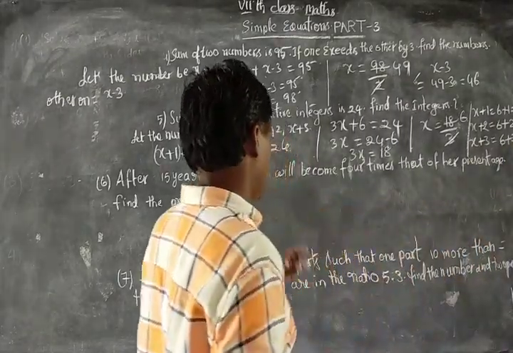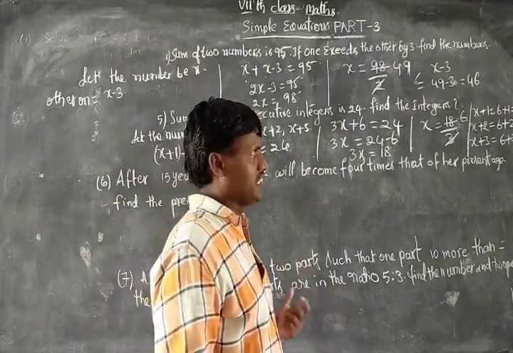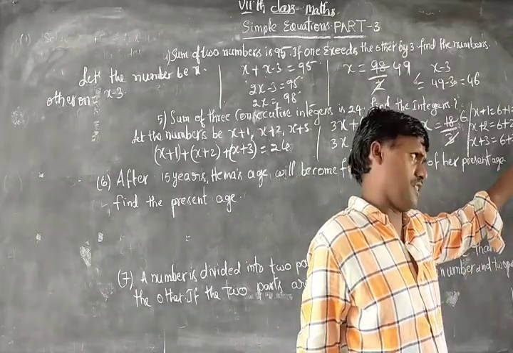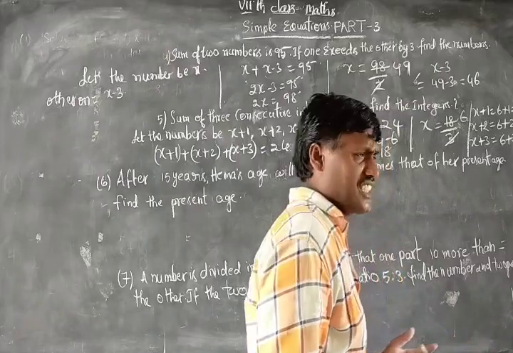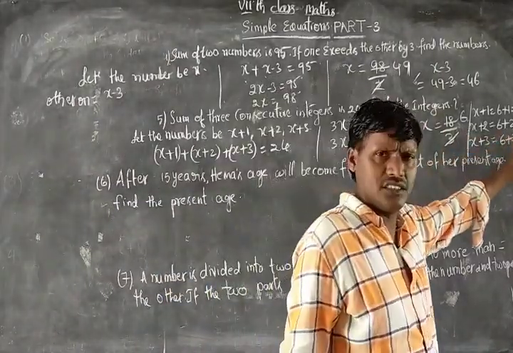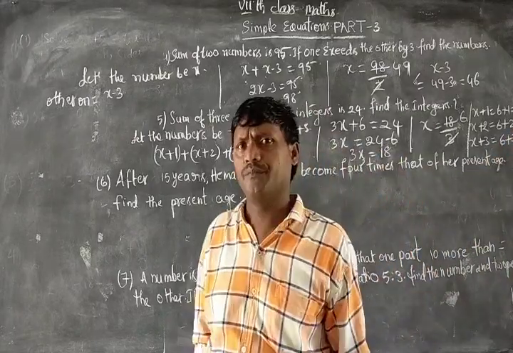We were told the sum of 3 consecutive numbers is 24, so let's check. 9 plus 8 is 17, 17 plus 7 is 24. So 7, 8, 9 are the consecutive numbers.